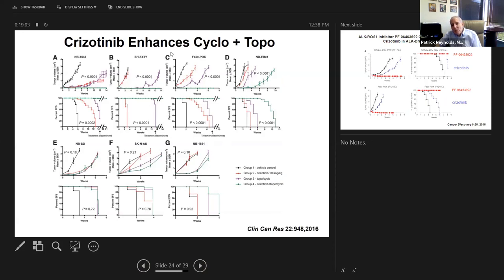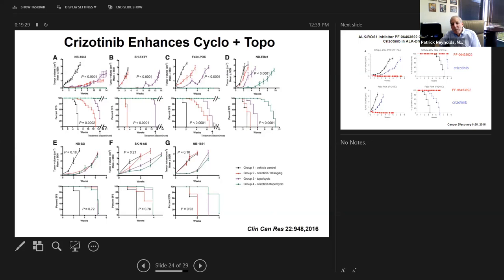Then she did this remarkable set of experiments looking at crizotinib alone versus chemotherapy alone versus the combination. As many of you have read in the paper, there was a remarkable increase in outcome from combining crizotinib with chemotherapy, which has led to its incorporation in the current high-risk study that the COG is carrying out.